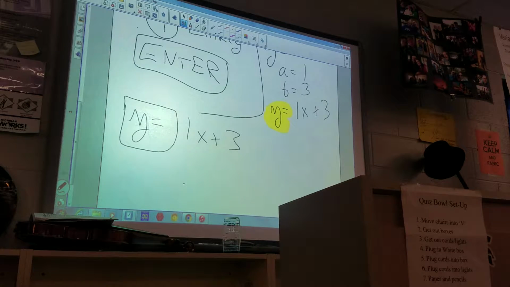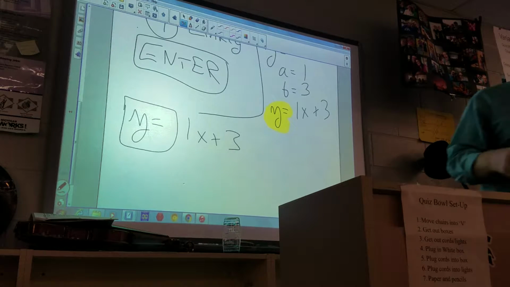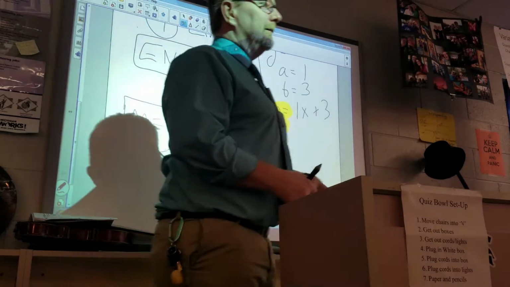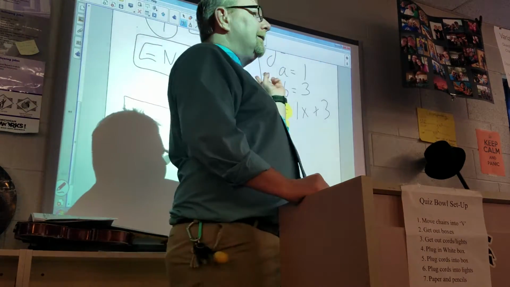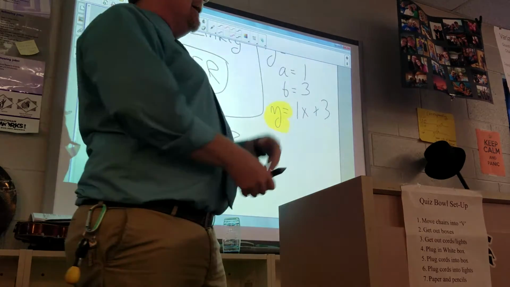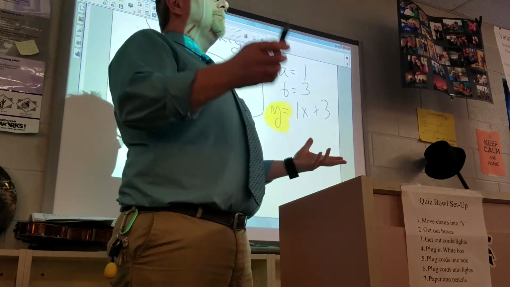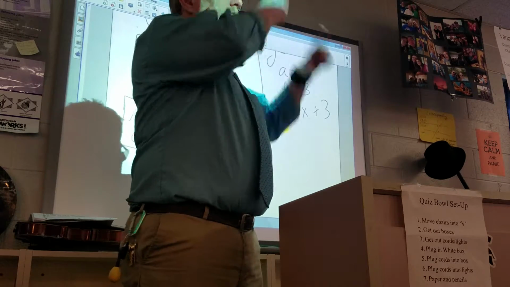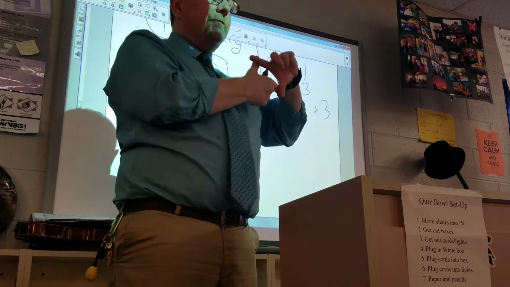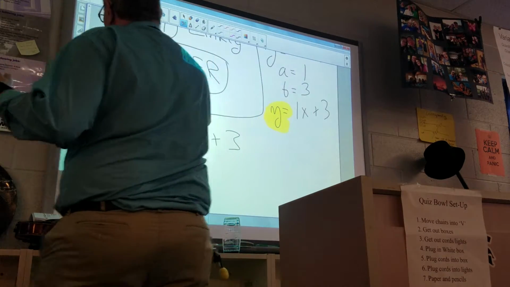But there are two buttons that we've been pressing 16 billion times after we've entered the data. Those two buttons are Zoom 9. So how do I get back to the graph? Zoom 9, or I can press the graph button by itself.